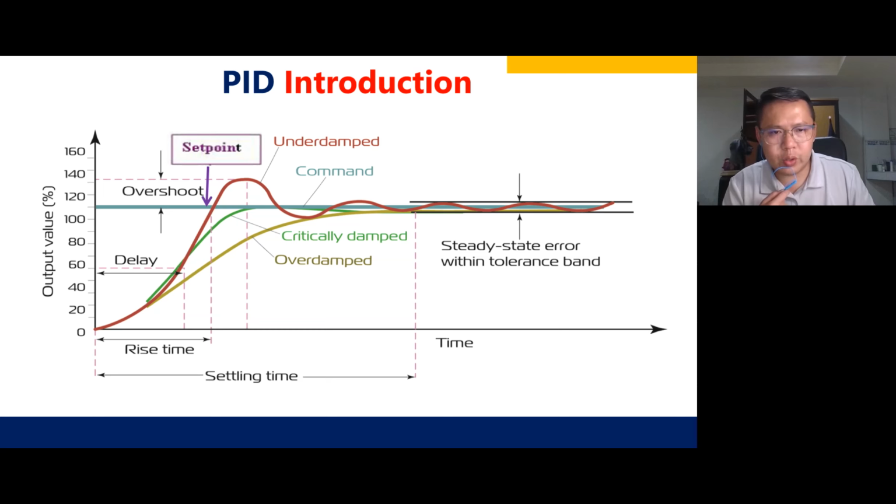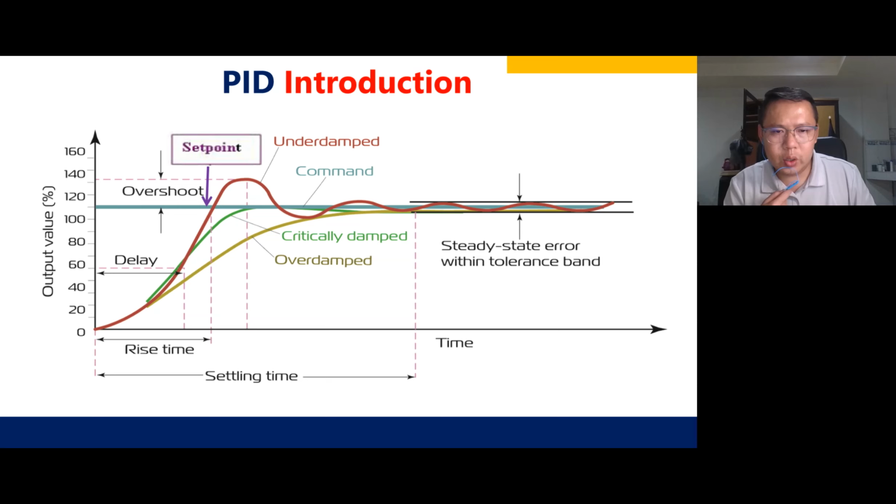Overshoot occurs when the process variable exceeds the setpoint before settling down. It's an indication that the system is too aggressive or has too high a proportional gain.